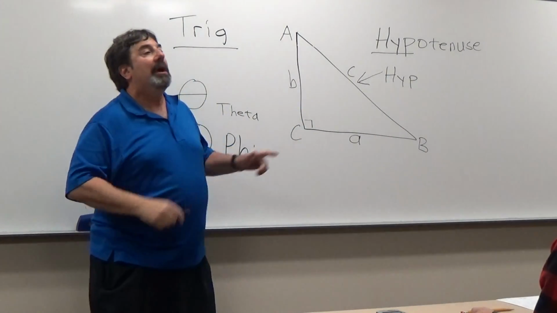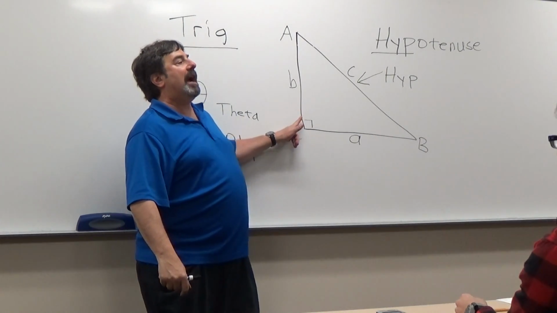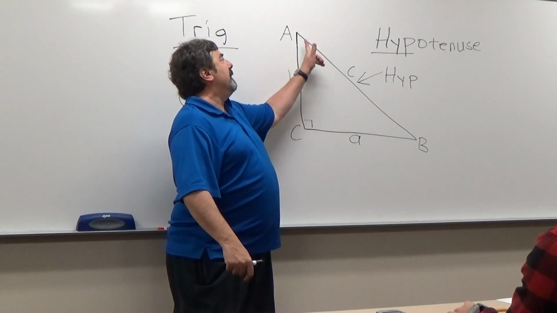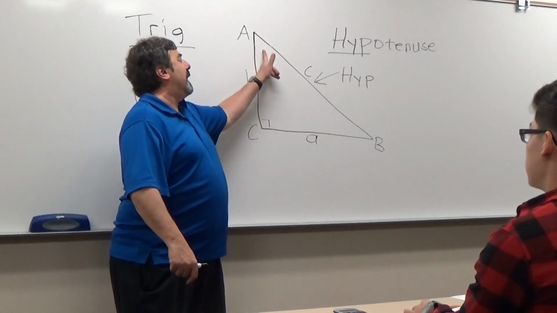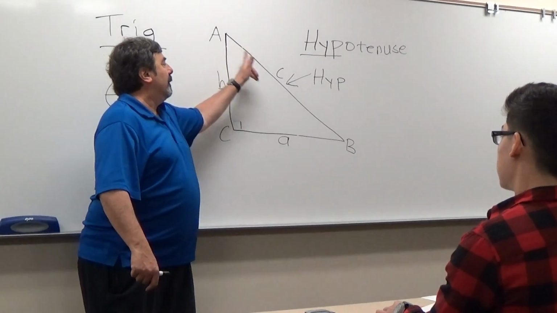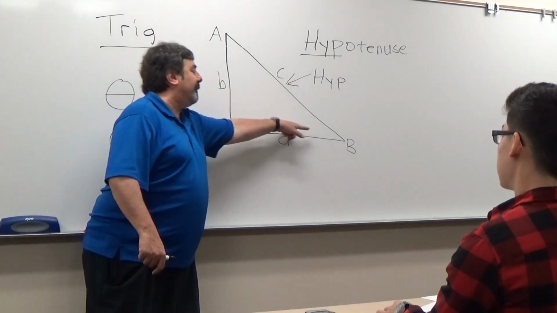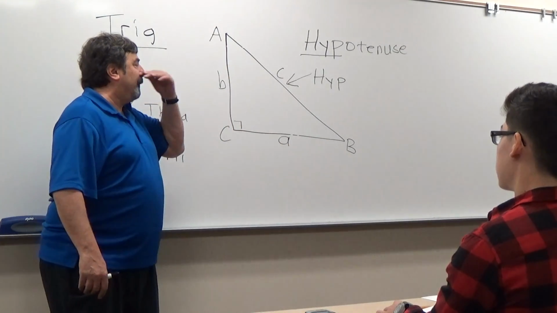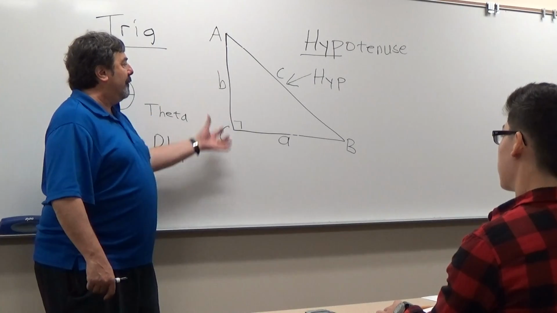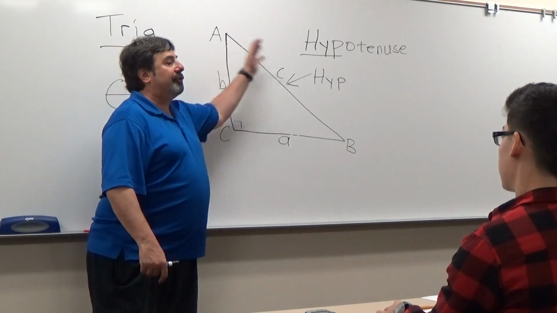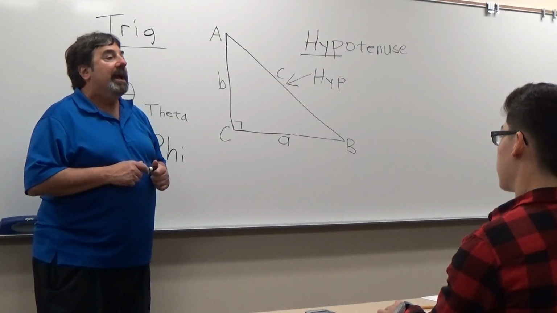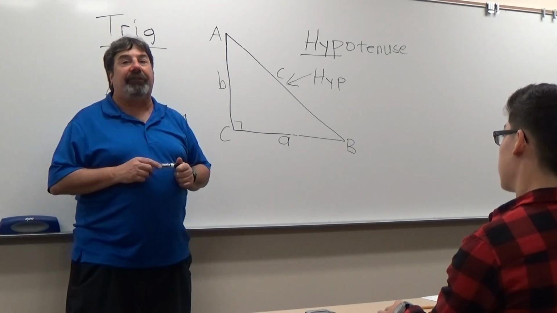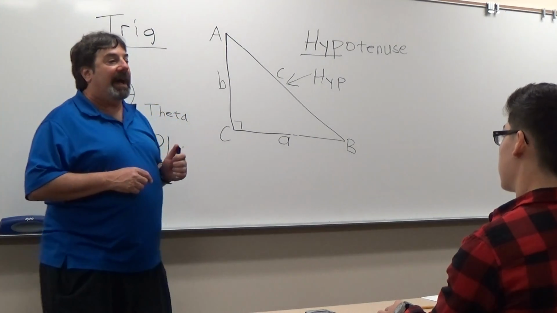The hypotenuse will always be the side directly opposite the right angle. So these two right here, the non-right angles, it'll never be opposite one of those two. Now also, the hypotenuse has one other interesting property. It will always be the longest side of the three sides.